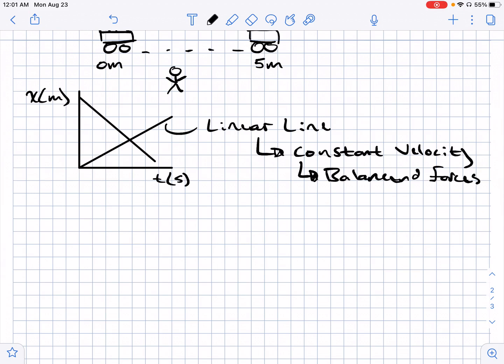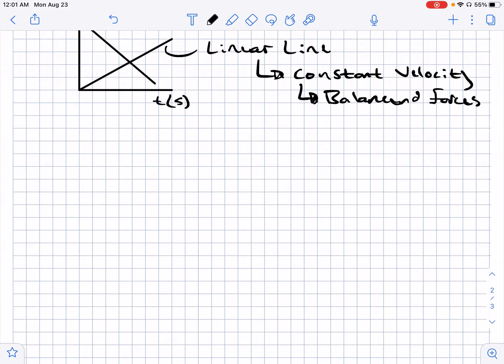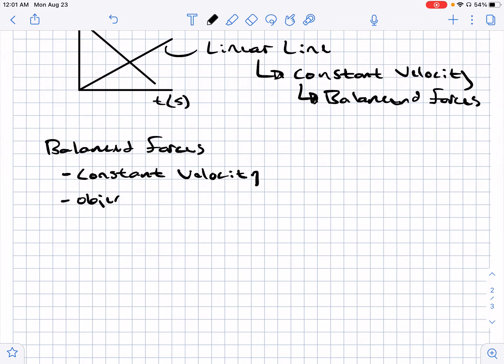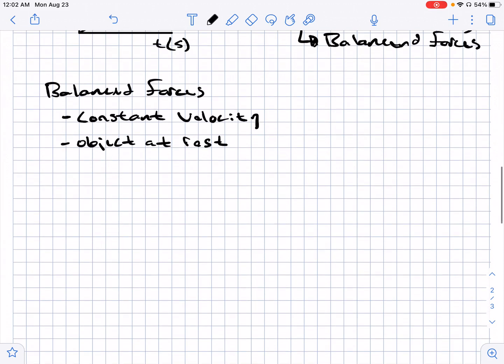Now, forces can be balanced in one of two situations. The forces on an object will be balanced if it's moving at a constant velocity, or if the object is at rest. So in either of these two situations, it would indicate that we have balanced forces. And that's where we get Newton's first law.